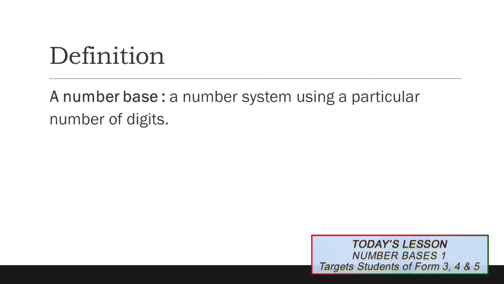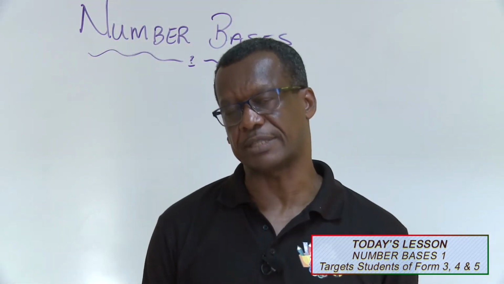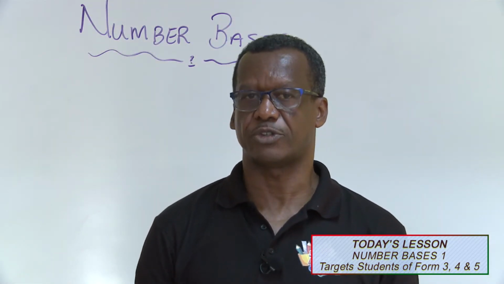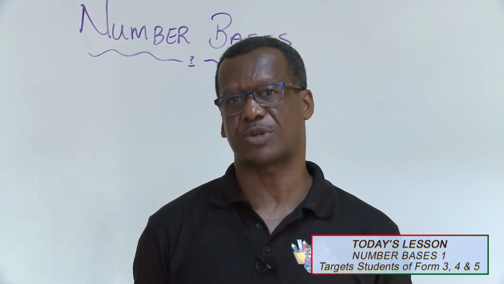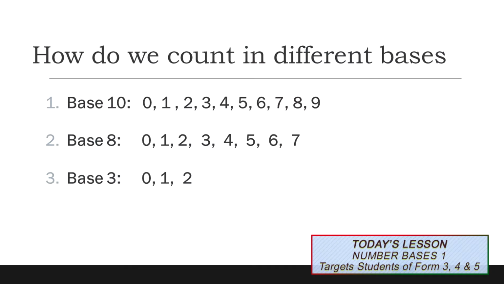It really is a number system using a particular number of digits. So for example, in base 10, which we have already been introduced to, we use 10 digits, and the digits go from 0 to 9. If you count the number of digits from 0 to 9, you are going to get 10.